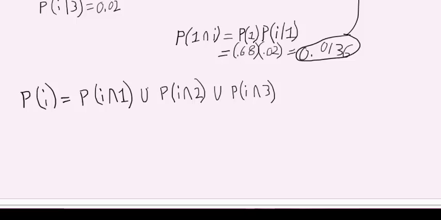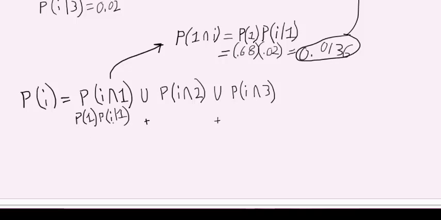Let's do some simplification. These ORs, these union symbols, translate to addition. That's simple. We already looked at the joint probability of I and 1. We didn't have it explicitly given in the problem. We had to create it right here. Again, the order around the joint symbol doesn't matter. It could be 1 and I or I and 1. So we already have this piece. This one is equivalent to the probability of 1 times the probability of I given 1.